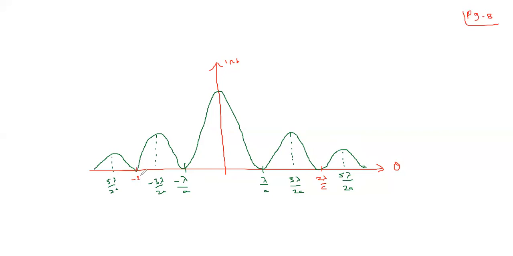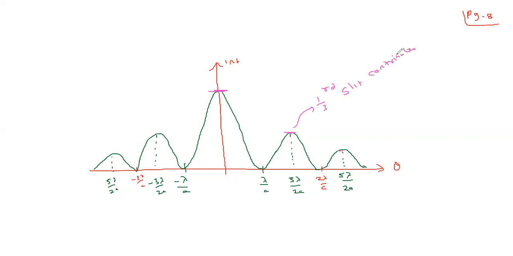One important question: why does the intensity decrease? See the brightness. Here is the maximum intensity, and further out the intensity decreases. Why does it decrease? In the central maximum, all the fringes are superimposed. Here, only 1/3 of the slit contributes intensity.